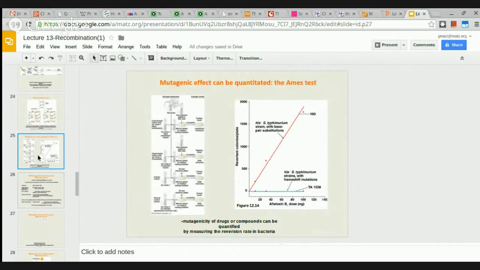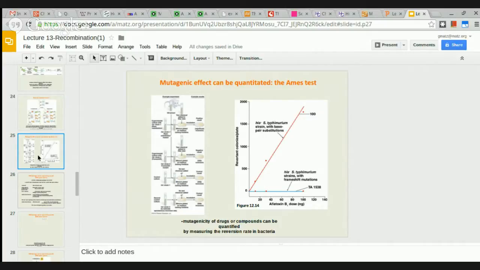This is actually a test that's been developed something like 30 years ago, or maybe even longer than that, and is now commonly used in industry to quantify the impact that a compound, especially if something that's not been evaluated so far, has on the DNA, and does it induce mutation rates? And if it does, it's possibly a carcinogenic compound, so we have to be careful. So in fact, this is something the FDA uses as one of the reference points for compounds before they're put on the market, whatever they may be.